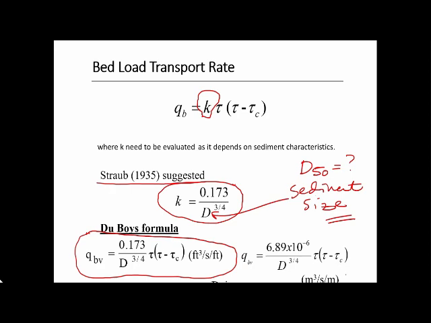So if you want to use it in a SI unit, so then you have to, or they have made some of derivation or multiplication factor to multiply with some multiplication factor, so that you will get 6.89 times 10 power negative 6 constants. If you want to use the equations in SI units, meter cubic per second per meter, right?